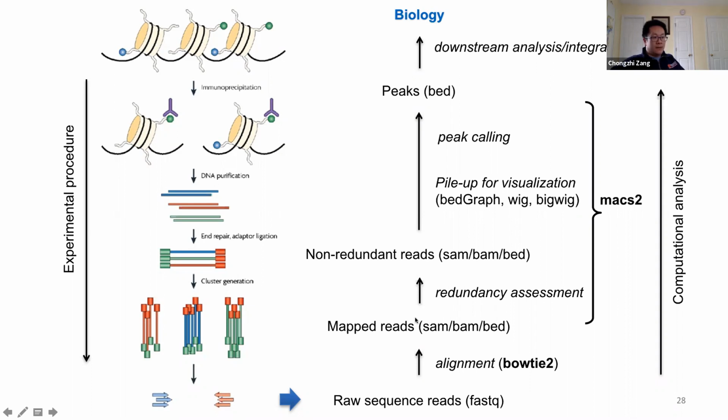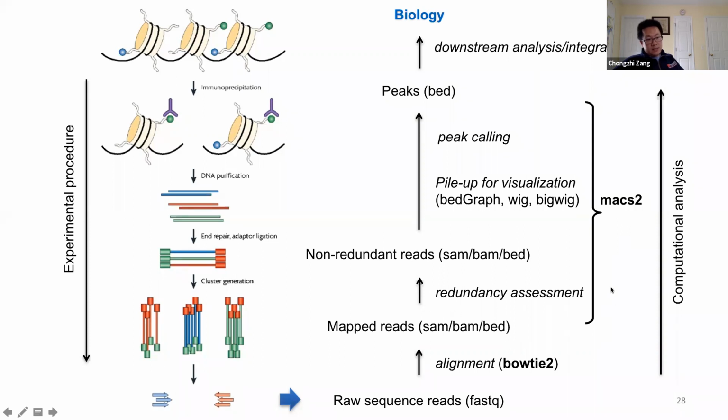And then after mapping the reads, we will assess the redundancy of all the mapped reads. I will talk about it in a little more detail later. The actual informative sequence reads are the non-redundant reads. And this step of quality assessment is assessing the quality of the library preparation process.